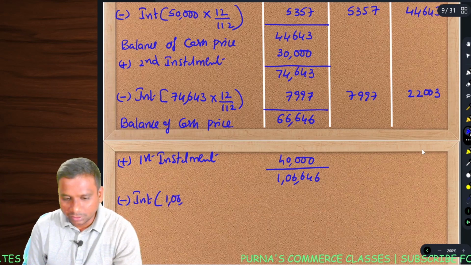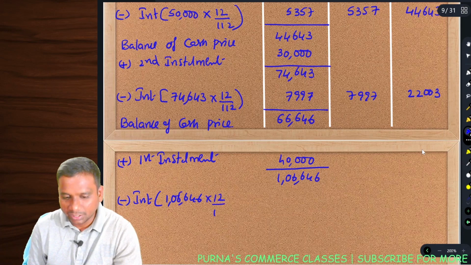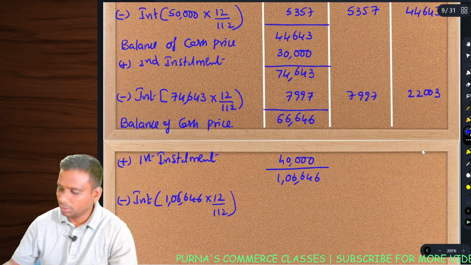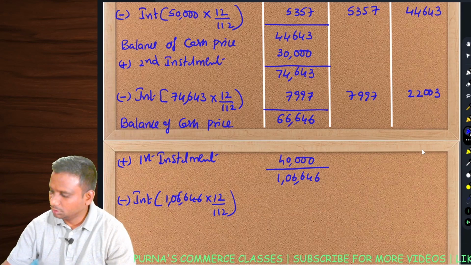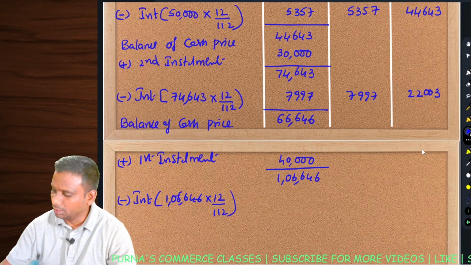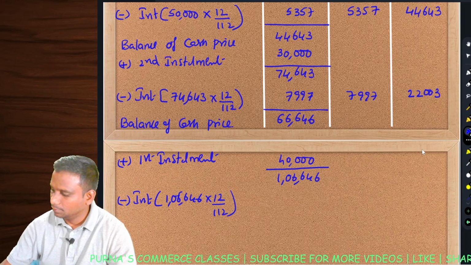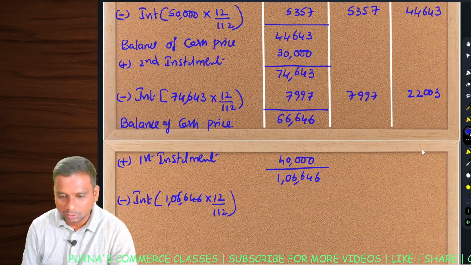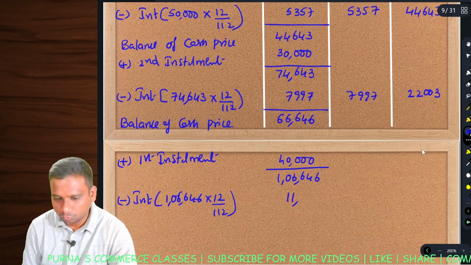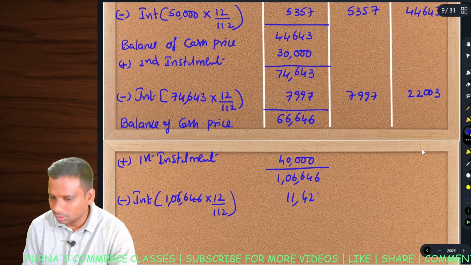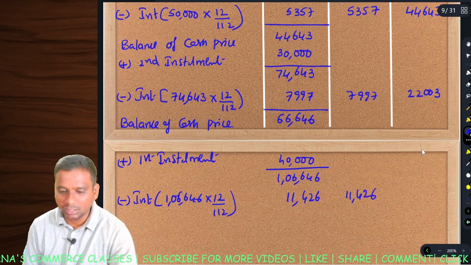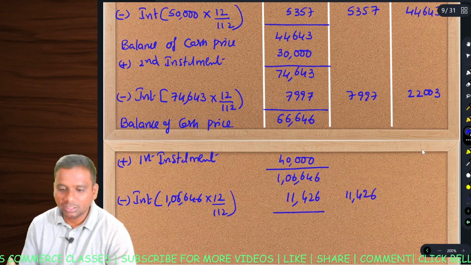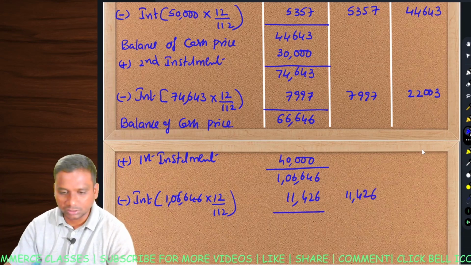So installment into 12 by 112. Calculate. 1,06,646 into 12 by 112. How much? 11,426 rupees. Right, the interest portion is 11,426.